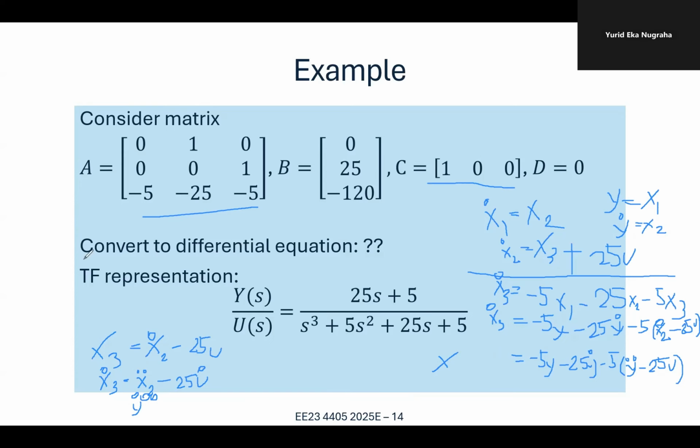So therefore this one we have y triple dot minus 25 u dot.